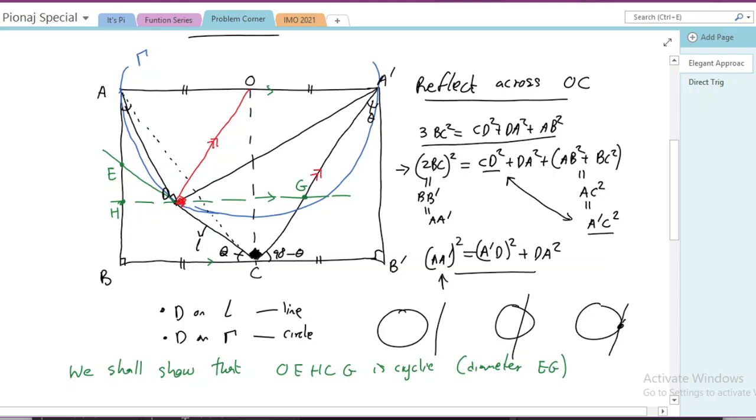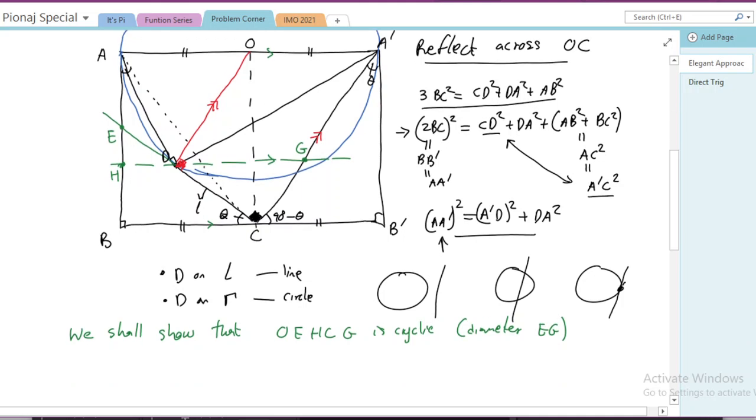So OD is parallel to A prime C, and so we have that ODGA prime will be a parallelogram.